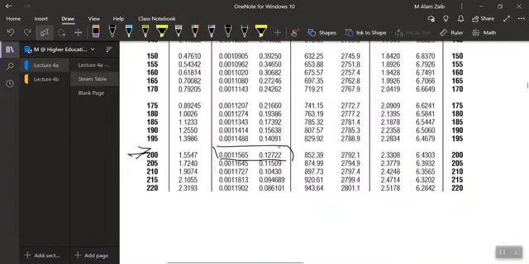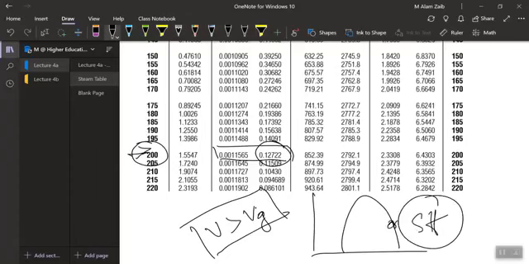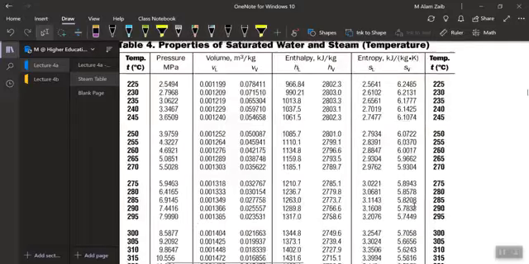So at a temperature of 200, our volume is greater than Vg. That means we are in a superheated region now. So let's check the superheated steam table now.